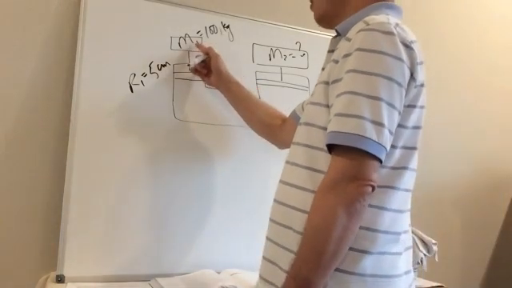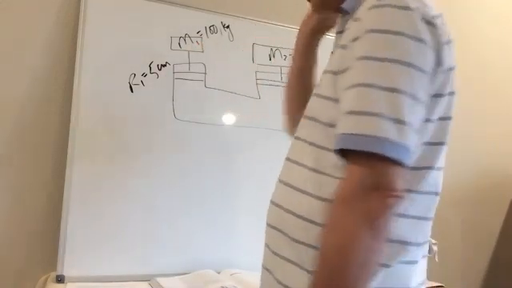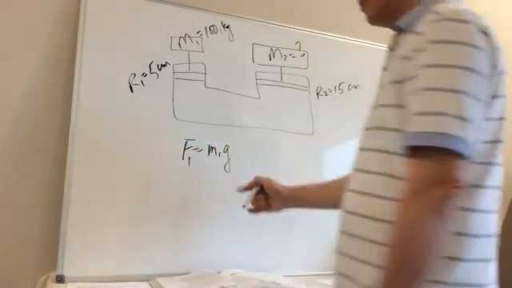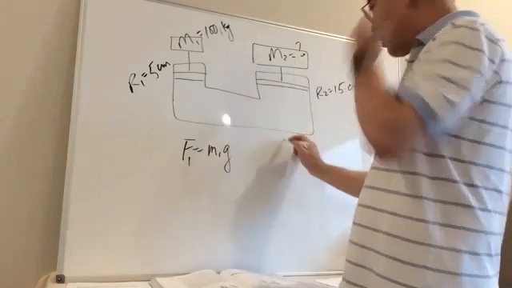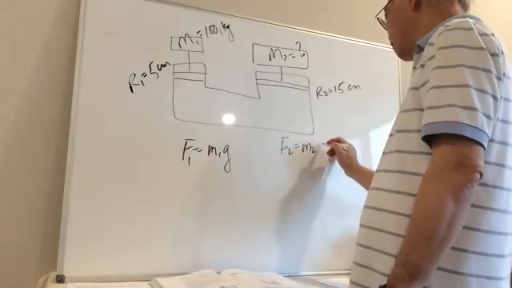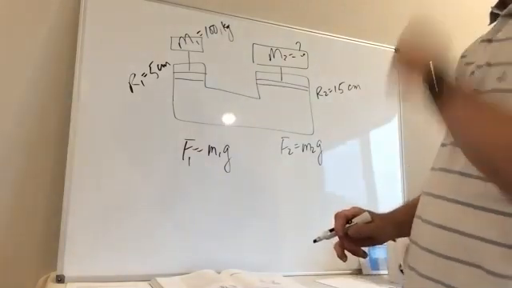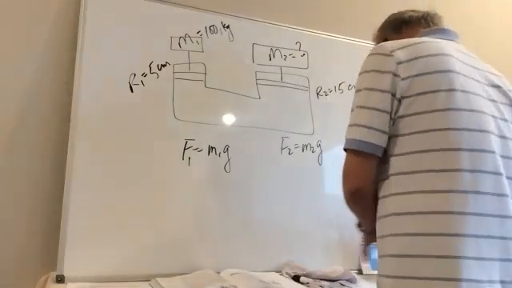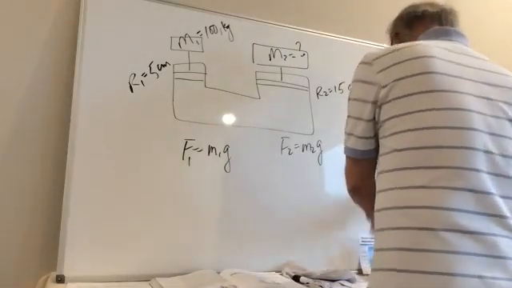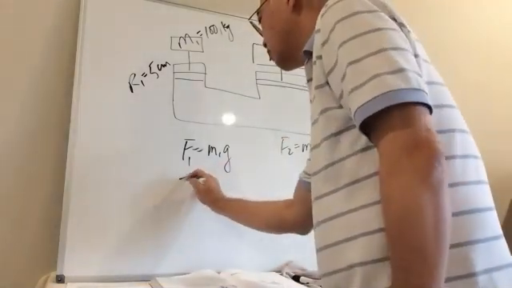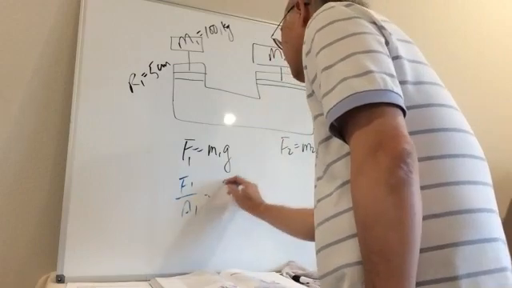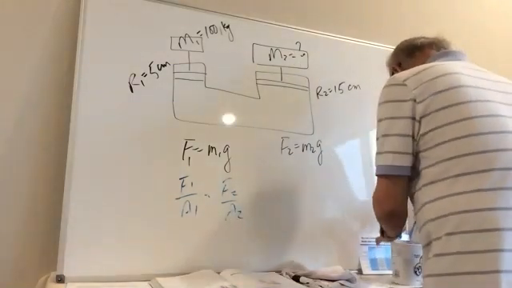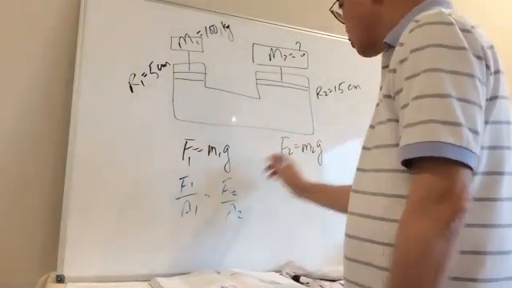The force generated by M1 is F1, equal to M1 times g, the gravitational constant, and F2 is equal to M2 g. The equation we were using was F1 over A1 is equal to F2 over A2, and we're trying to find F2.